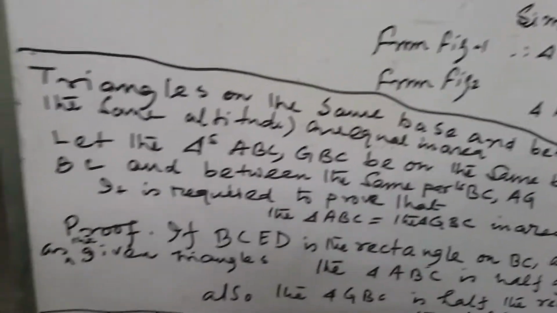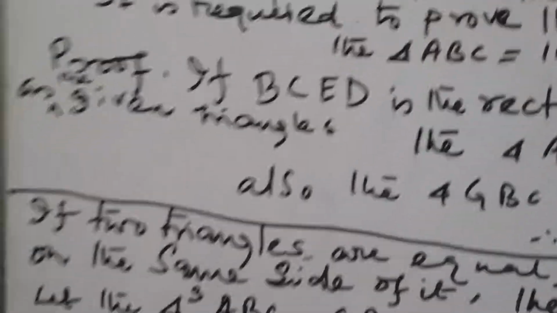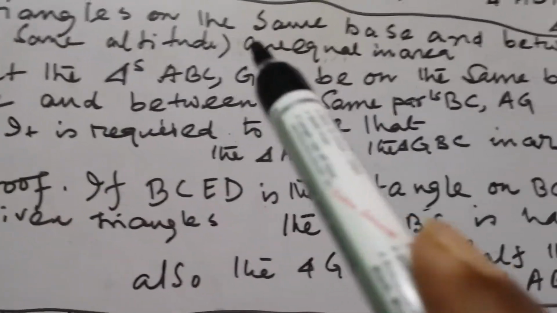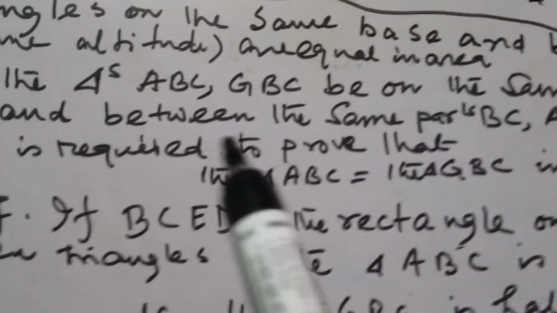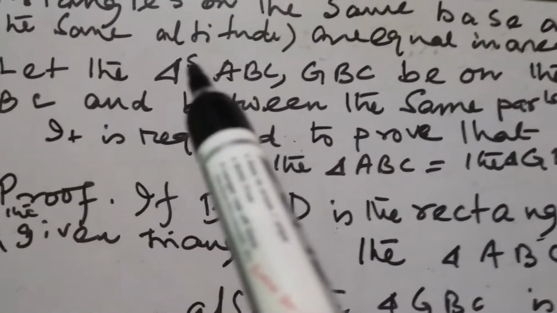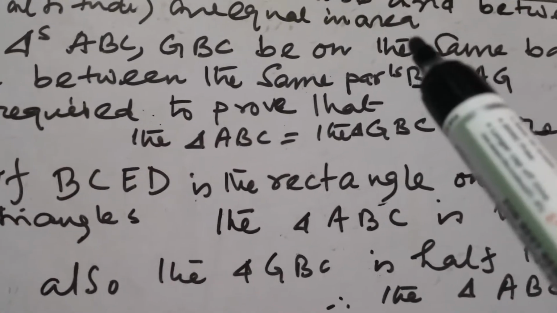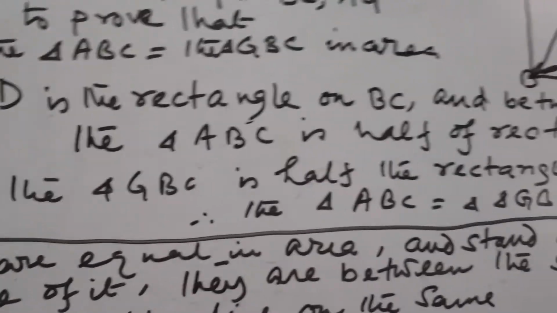Now the second proof: triangles on the same base between the same parallels, hence the same altitude, are equal in area.